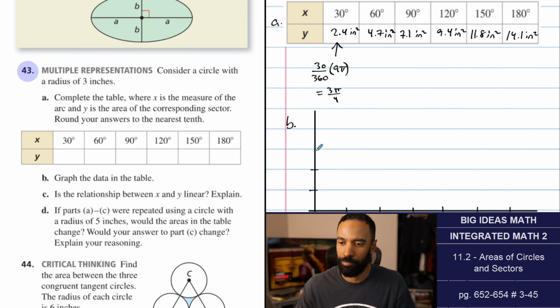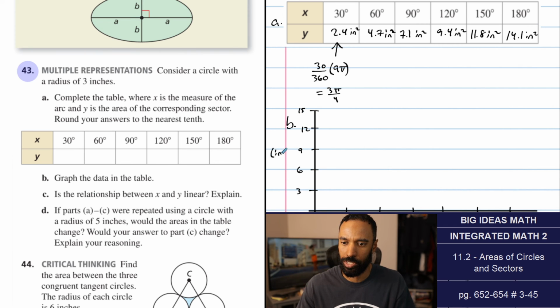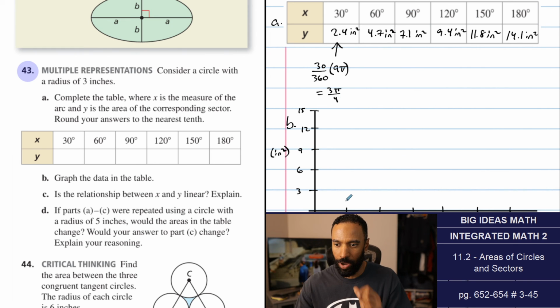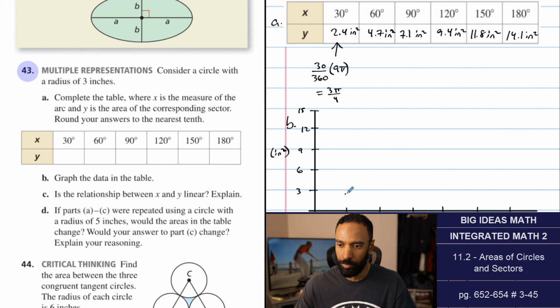And then this reaches about 15 here. I can go by threes: 3, 6, 9, 12, 15. This is square inches. This is area. Okay, so 2.4 right here. Now 0 would be 0, right?